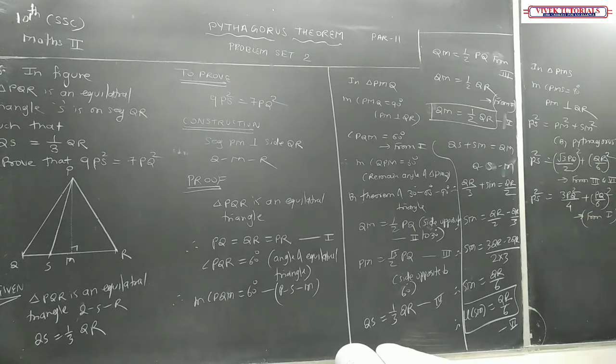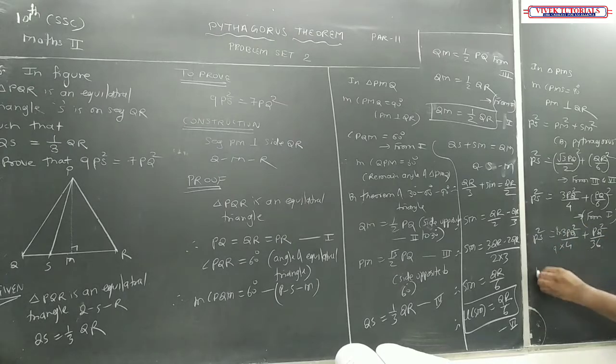Instead of QR, what can I write? PQ. So PS square is equal to 3PQ square upon 4 plus PQ square upon 36. So what you are going to do is, 4 multiplied by what will give us 36? By 9.